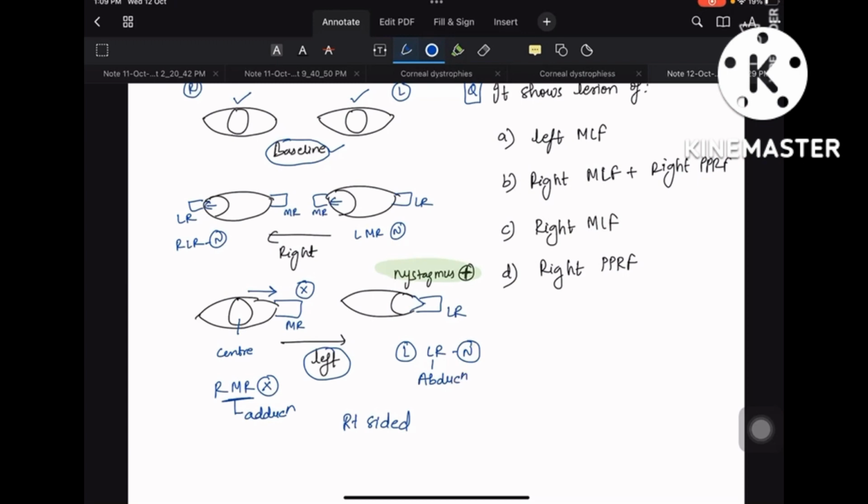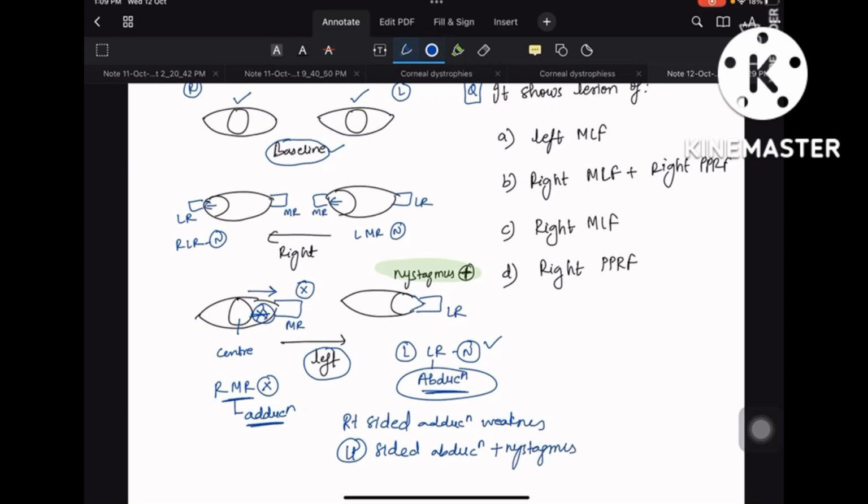I hope every one of you knows these points, that MR is for adduction and LR is for abduction. So there is right-sided adduction weakness because the eyeball is not moving towards this direction, and left-sided abduction is taking place because the lateral rectus is normal, so left-sided abduction nystagmus is seen.